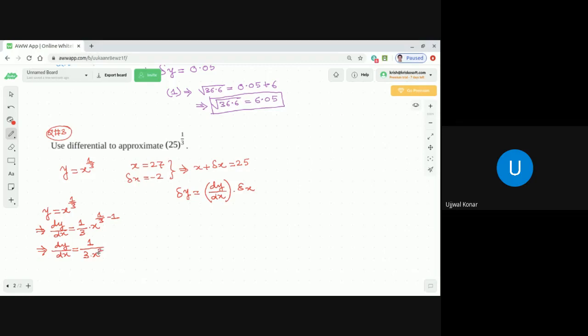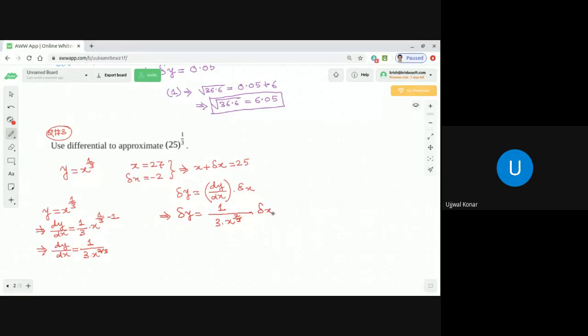But if we take it to the denominator, it becomes 2 by 3. Correct? Now it is easy to find the value of delta y. So this implies delta y is equal to dy dx, that is 1 by 3 into x to the power 2 by 3 into delta x.